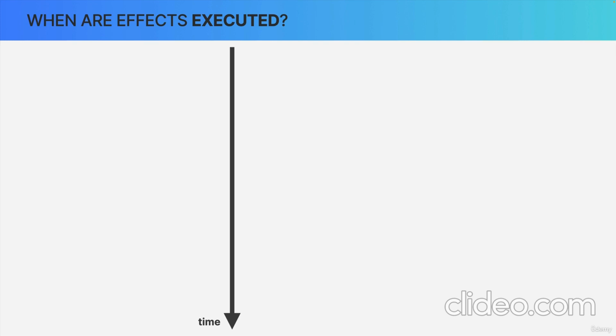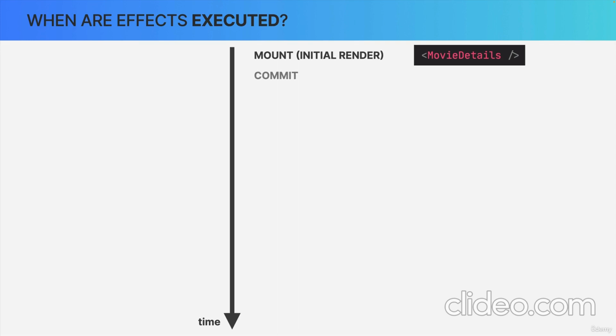So, as we already know, the whole process starts with mounting the component instance. In this case, an instance of movie details. After that, the result of rendering is committed to the DOM, and finally, the DOM changes are painted onto the screen by the browser. So this is just what we learned in the previous section. But where do effects come into play here?